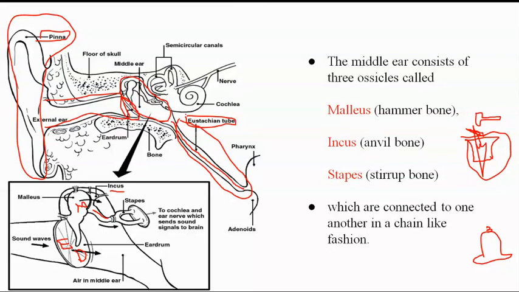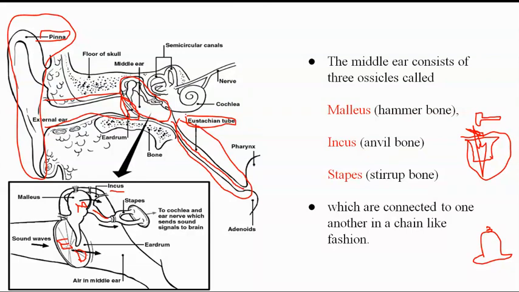You know well that the vibrations from the sound-producing object are collected by the ear pinna, and this ear pinna sends them to the inner parts, where they pass through the auditory meatus. And when those vibrations reach the eardrum, it starts vibrating.